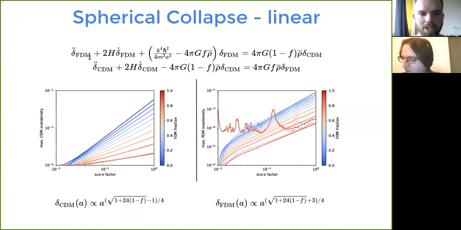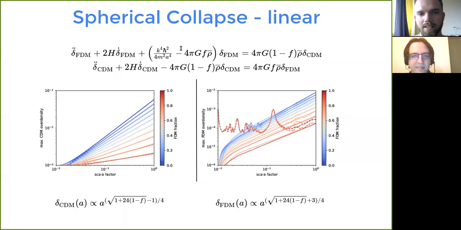And here you can see these familiar linear evolution equations for overdensities for fuzzy dark matter at the top and cold dark matter at the bottom, where the difference between both is that fuzzy dark matter has this k^4 term that introduces the Jeans scale if those two terms cancel out, so the gravitational term and the gradient energy term.